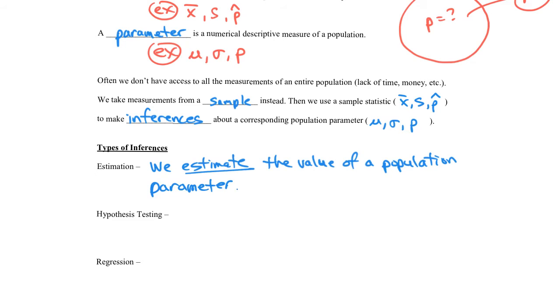And this we will take a look at in Chapter 7. So in Chapter 8, we look at hypothesis testing. And this is where we formulate a decision regarding the value of a population parameter.